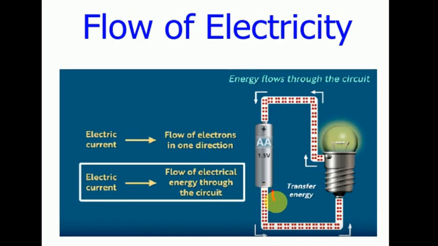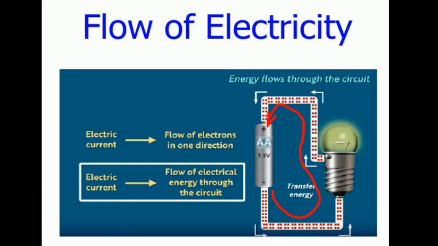Means if you check how the electron flows, it will flow like this. So this is the direction of flow of the electrons, the white arrows which we are observing. The electrons are negative, and the negative terminal of the battery repels them, and that's why they move like this.